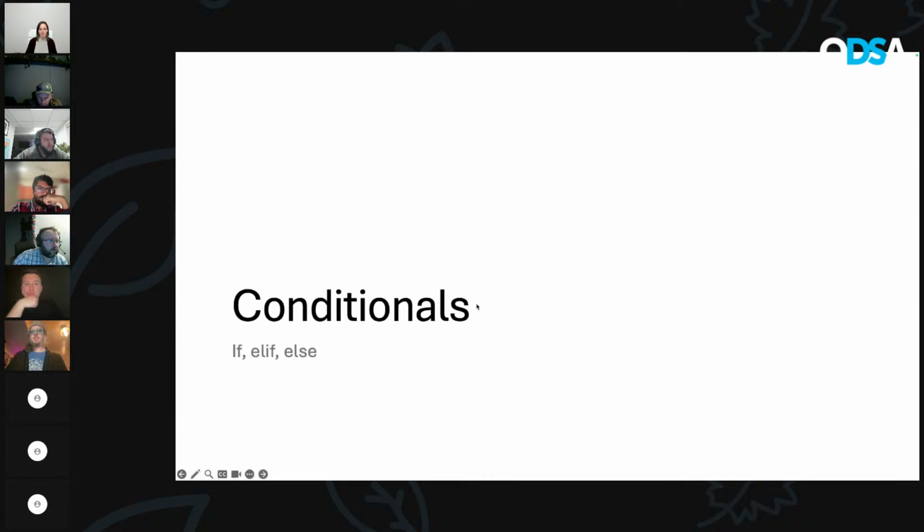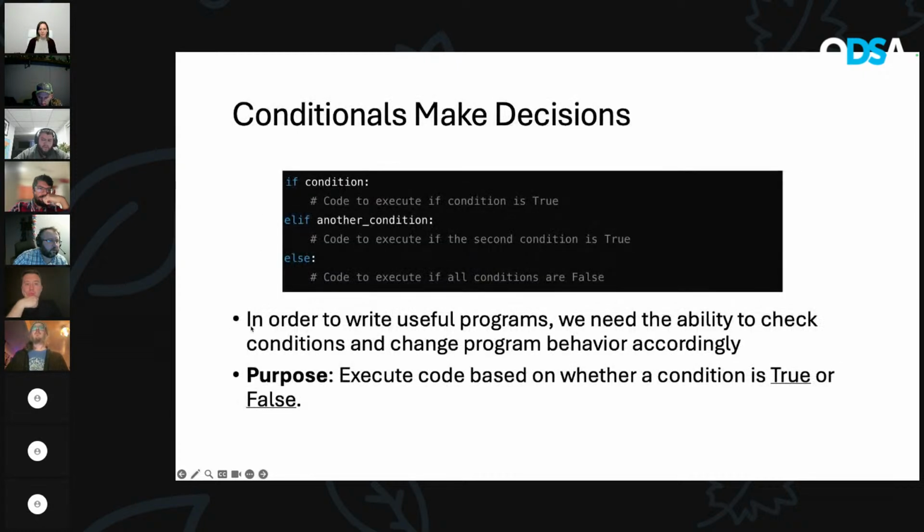Okay, so conditionals. There are times when you are writing a program where we need the ability to check if certain conditions exist. And we can use, highlighted in blue here, the if statement to do that.